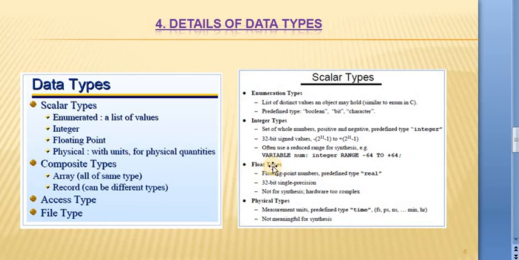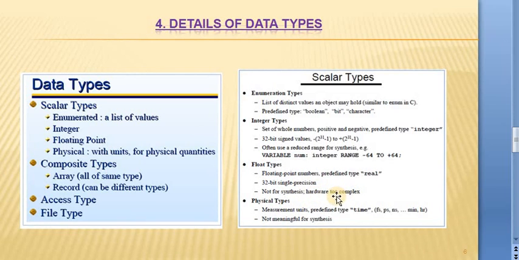And similarly, the float type is that type in which the floating point numbers are defined, and it is also called a real type, and it is of 32-bit single precision, and it is not for synthesis. It is used where hardware is too complex.